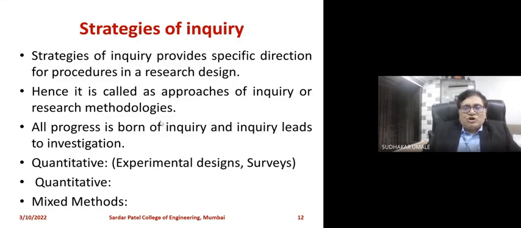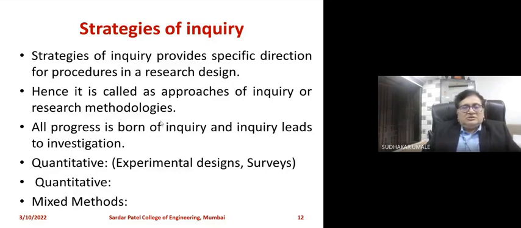All programs are born of inquiry, and inquiry leads to investigations. So, what do you mean by investigation in your research? When you have some inquiry in your mind, and the progress starts from that inquiry, and this inquiry leads to investigation, then you are able to investigate your research problems, your research methods, your research instrumentation, and your research tables also.